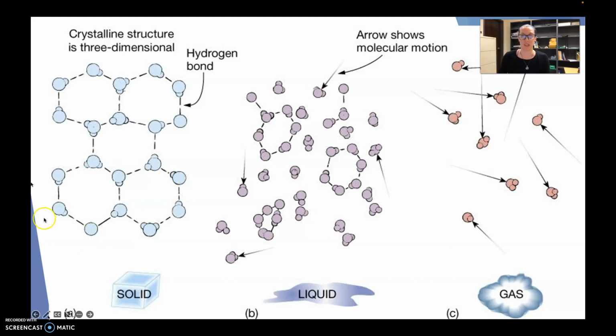Whereas in the liquid state, the atoms are moving at least a little bit more than they were in the solid state. And then in a gaseous state, the molecules are super, super excited, so they're going all over the place, bouncing all around. They're super stoked. So that kind of finishes that up.